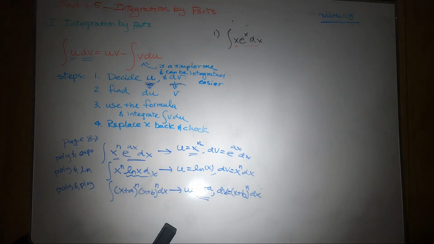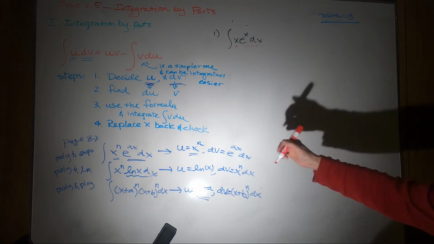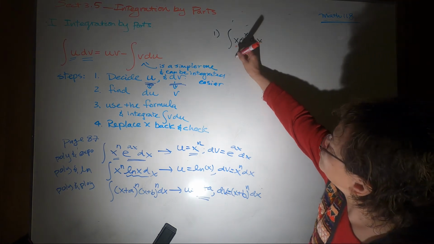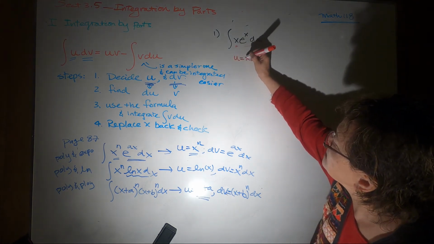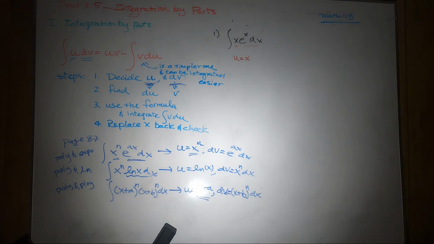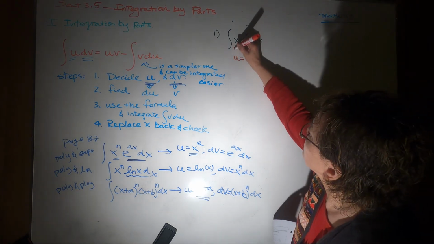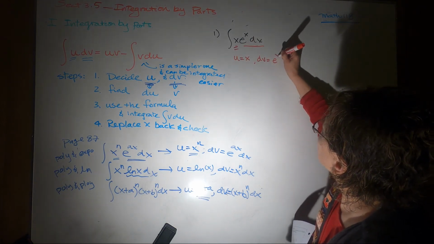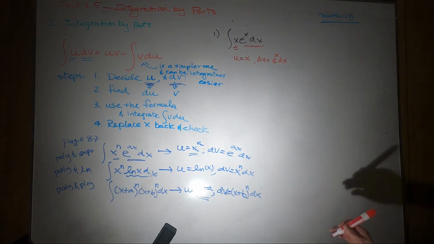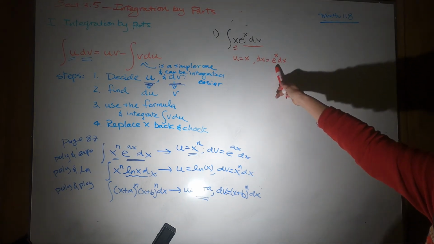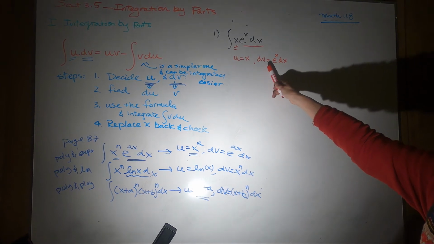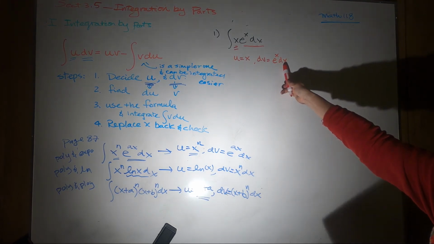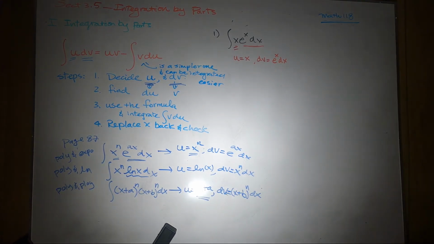Okay, so according to this, the rule of thumb is like here, right? So you will use u as x, this part. Then your dv will be the remaining part, e to the x dx. Because with dv this way, I can find the antiderivative v more easily, as a single rule, for the exponential function.